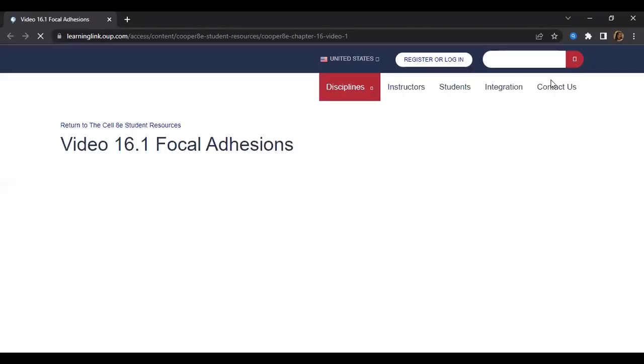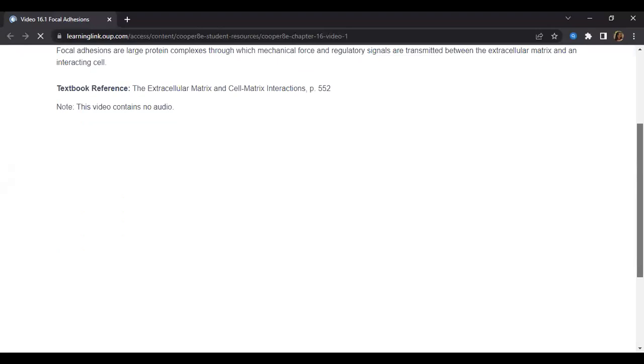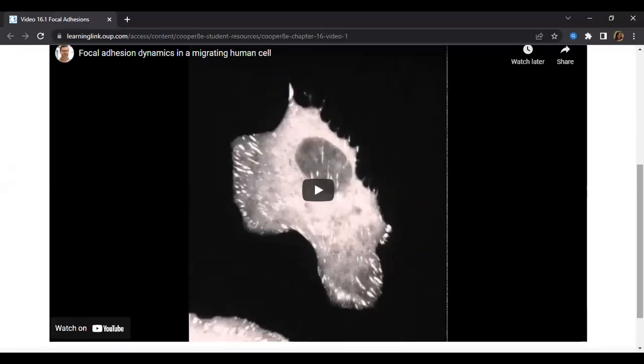Whenever they talk about certain points, like about the focal adhesion, they try to give lab-based videos which have been conducted. So this is again in human cells, the focal adhesion dynamics. So whatever is shining is the focal adhesion when a cell is moving. Is the screen visible to you?